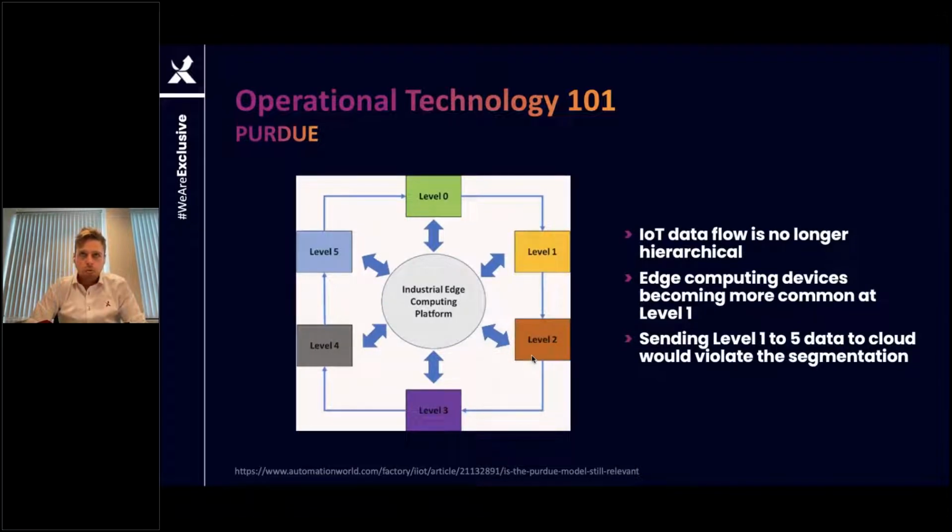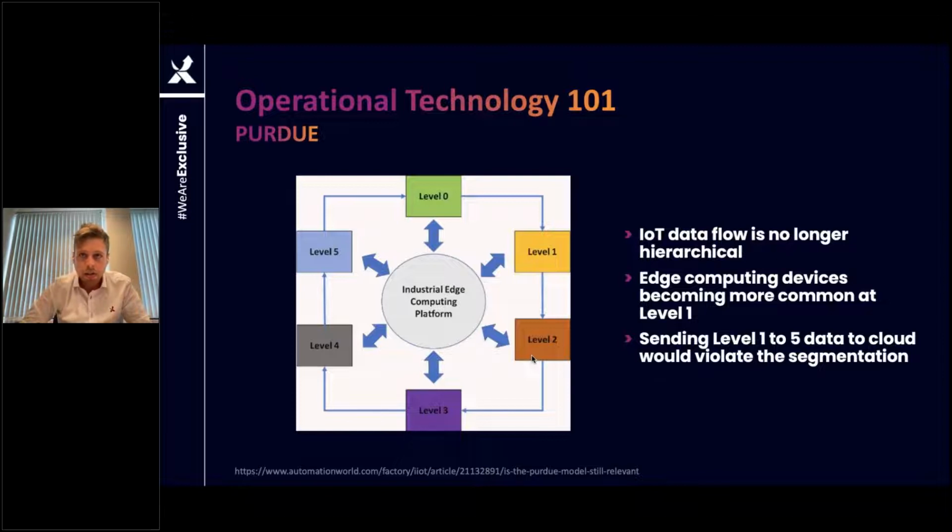Now, to close the Purdue model, you can ask the question, or at least I did ask myself the question, what about IoT?